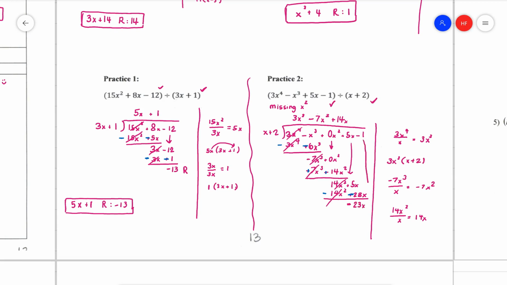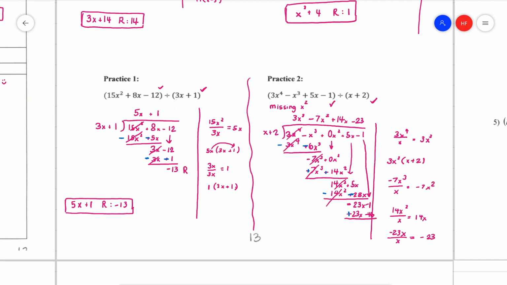And then I gotta drop that 1 all the way down here. So negative 23x divided by x. Negative 23, x divided by x is 1, so it's just negative 23, which would give me negative 23x. And then negative 23 times 2 is negative 46. Running out of space there.